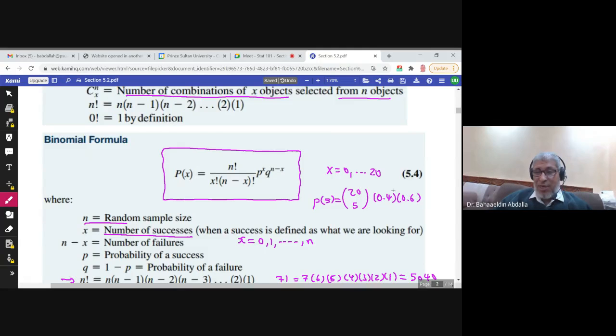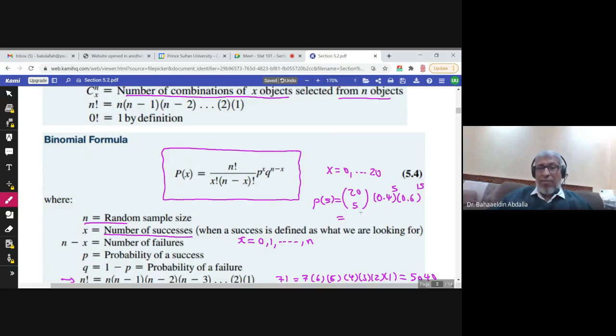Then you raise P to the power 5, which is X, and 0.4 is raised to the difference, N minus X, or 20 minus 5, which is 15. You can ask the calculator to evaluate this probability.